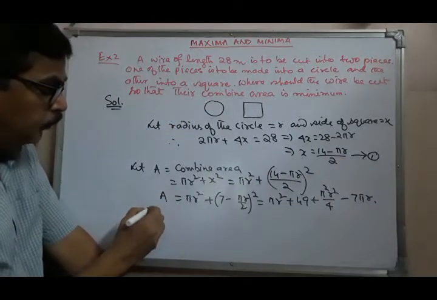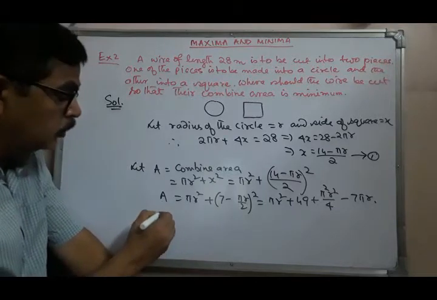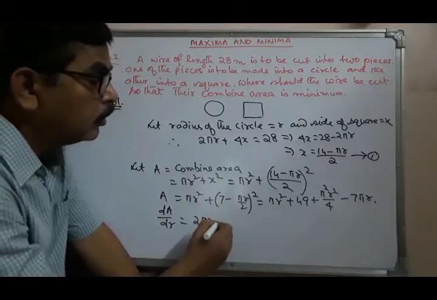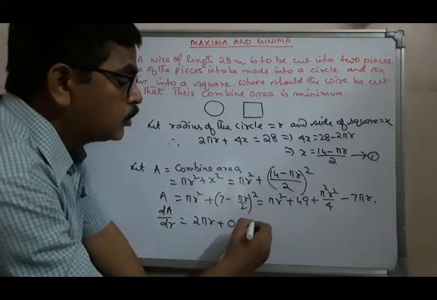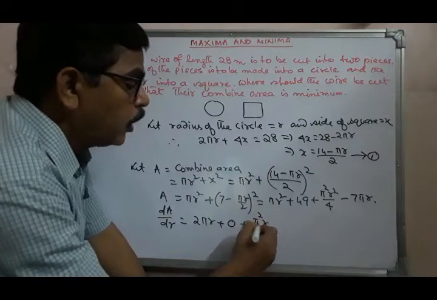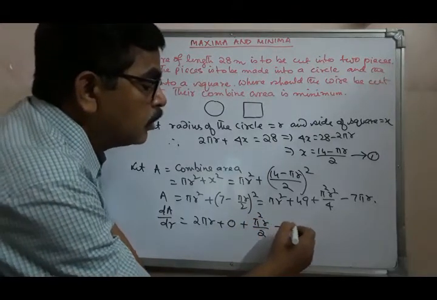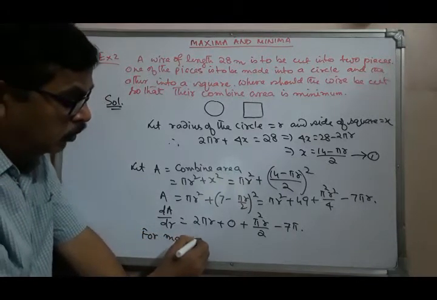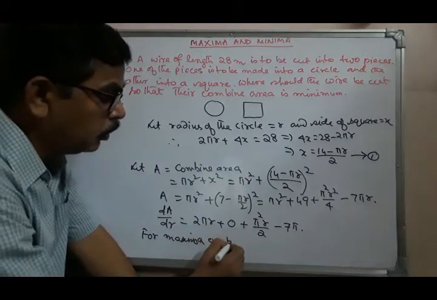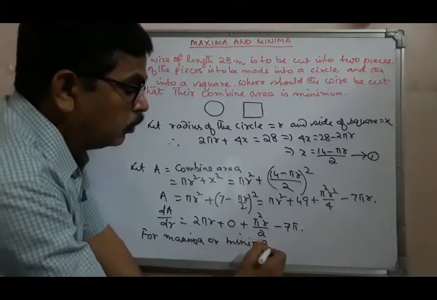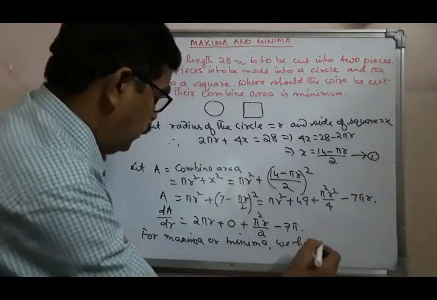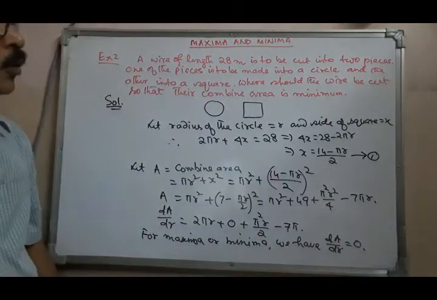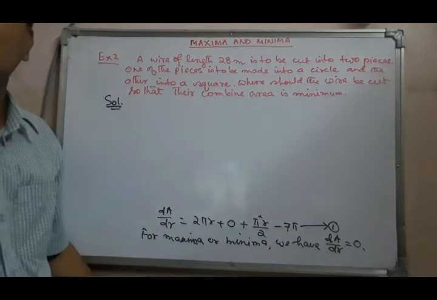Differentiating with respect to r, dA by dr is equal to 2 pi r plus pi square r by 2 minus 7 pi. For maxima or minima, we have dA by dr equal to 0, and we have to solve the equation.